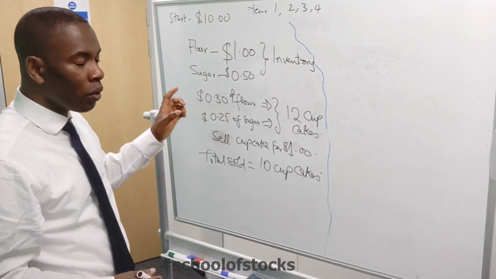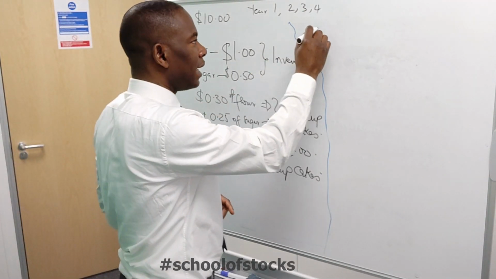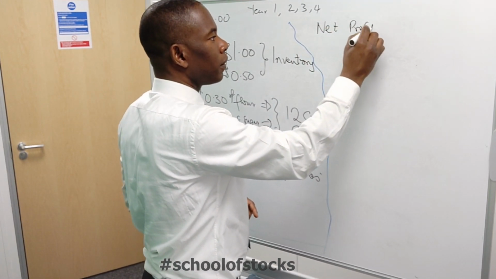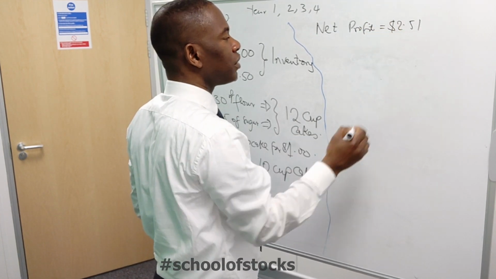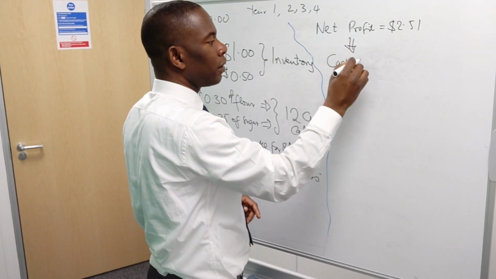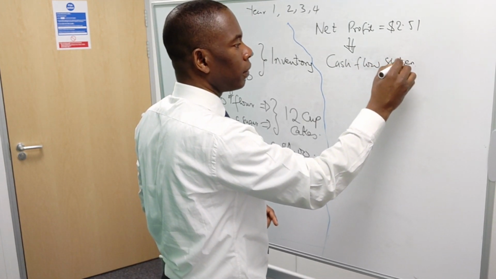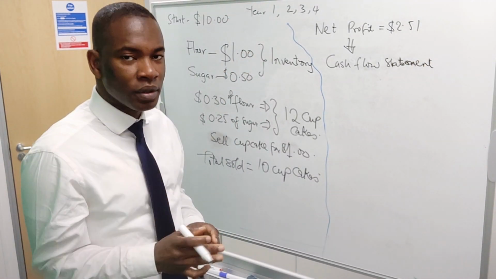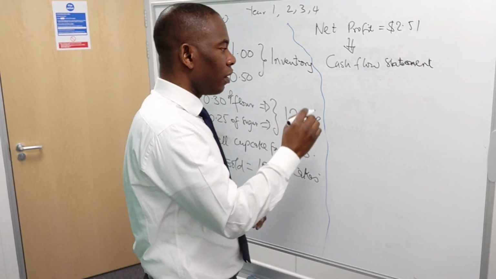Right now, what we shall be doing is moving that net profit of $2.51 onto the cash flow statement for analysis. The cash flow statement is subdivided into three portions.